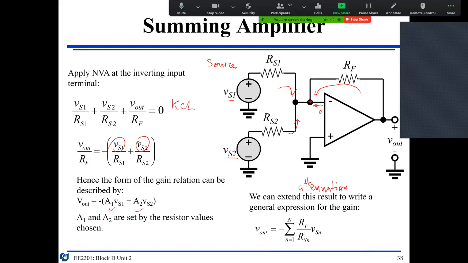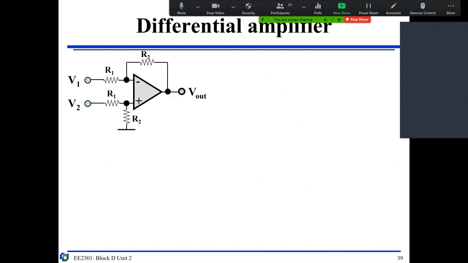Of course, we can extend this to n of them, a summation. So basically you have n signals and you can sum them like this. All right, so that's called summation amplification. What if I do a differential amplifier?